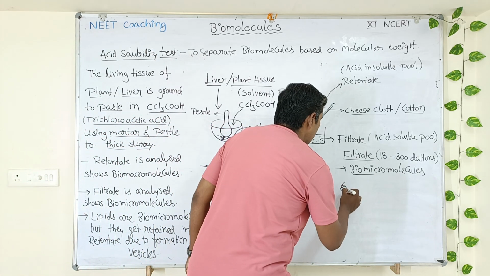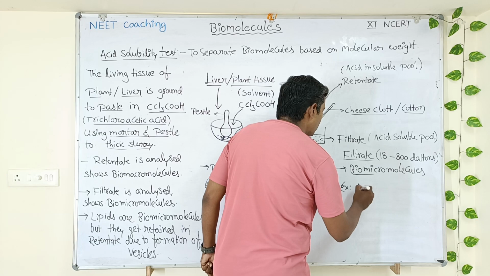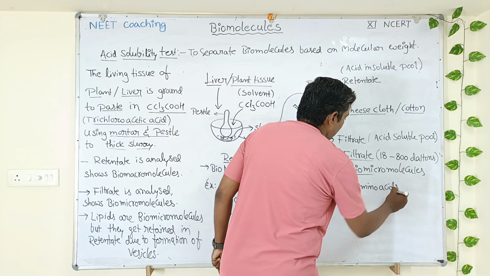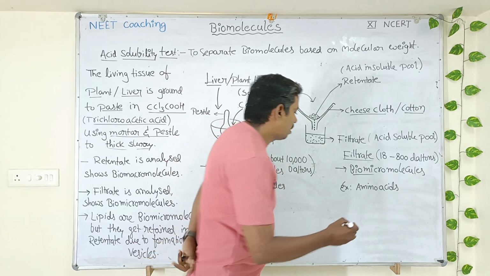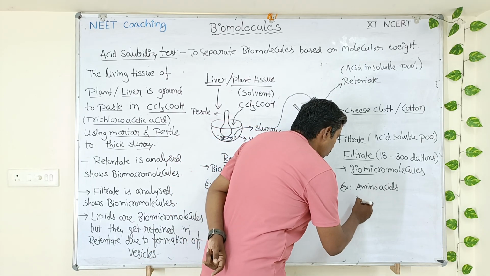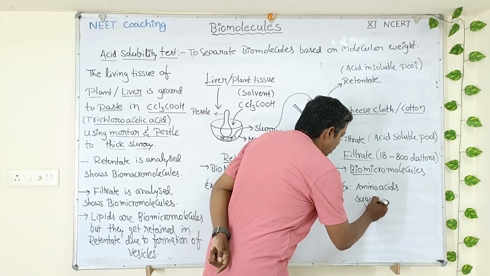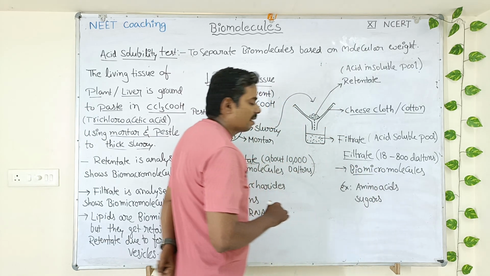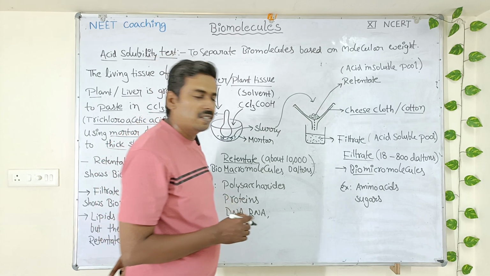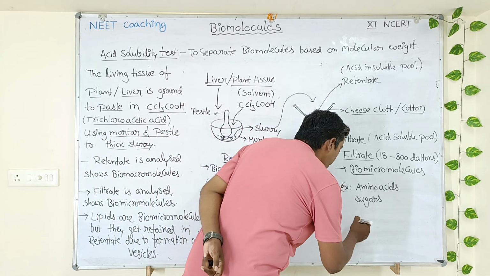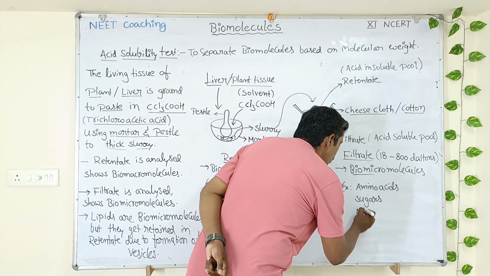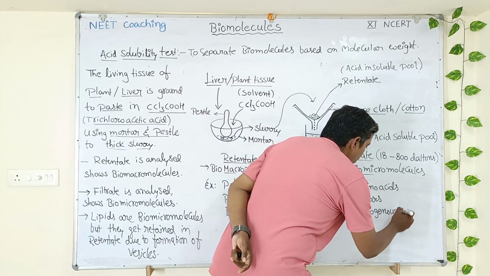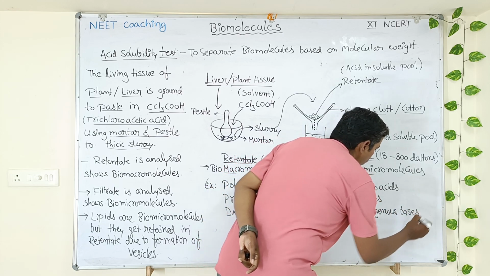Such as amino acids, they are small molecules. Next is sugars, different types of sugars, monosaccharides as well as disaccharides. Sugars, they are sweet in taste. Next, they also detected molecules called nitrogenous bases. These are the molecules which are present in nucleic acids.